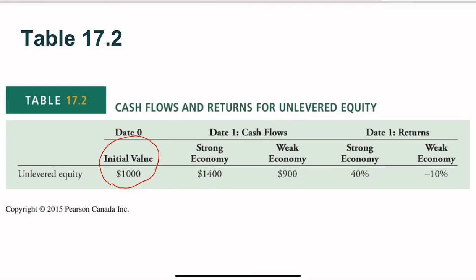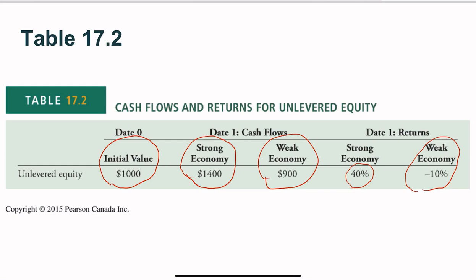And given this $1,000 value of equity, we can also calculate the returns for unlevered equity. If the economy is strong, the cash flow is 1,400, so the return would be 40%. And if the economy is weak, the cash flow would be 900, so the return would be minus 10%.